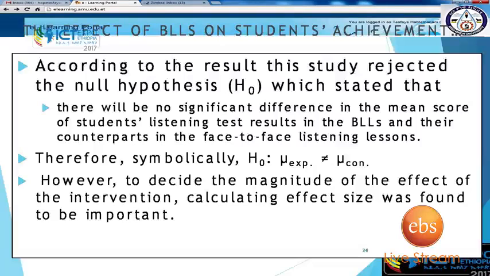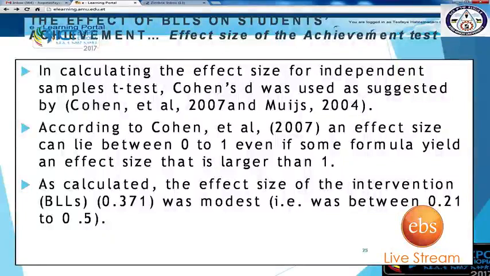That means the null hypothesis, that there was no significant difference in the mean score of the students' listening test result in the BLLS and their counterparts in the face-to-face, was rejected. Rather, the alternative was accepted. And in terms of attitude, there was no significant difference between the pre- and the post-intervention. Their attitude remained the same.